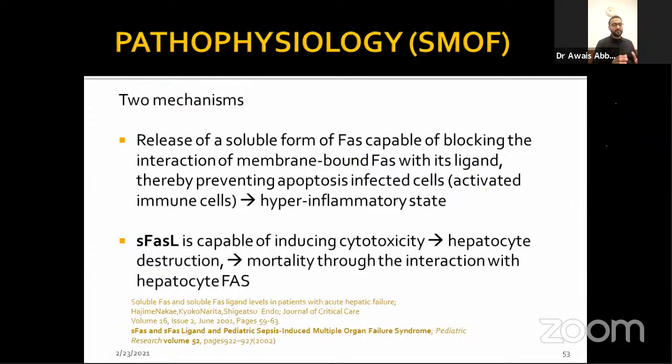And when the infected cells or activated cells are not killed, it results in a hyperinflammatory response. The other mechanism is that the Fas ligand is capable of inducing a direct cytotoxic injury to the hepatocyte by binding to the hepatocyte Fas as well.